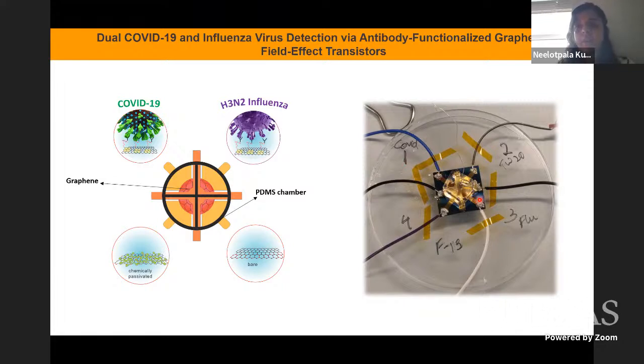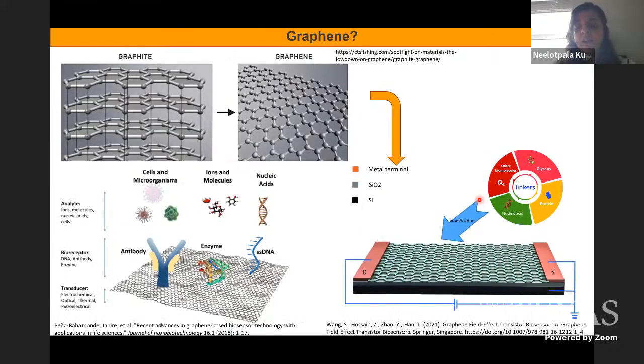Before I go into greater detail of the device, I would like to make a brief introduction about graphene. What is graphene and why are we using graphene? Graphene was discovered in 2004 by Novoselov and Geim at the University of Manchester.